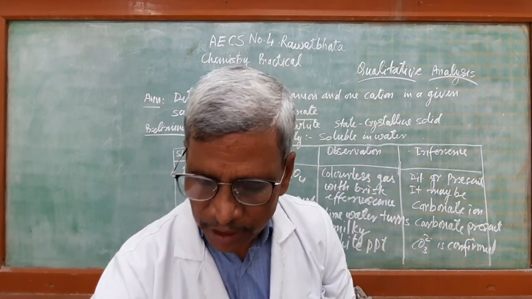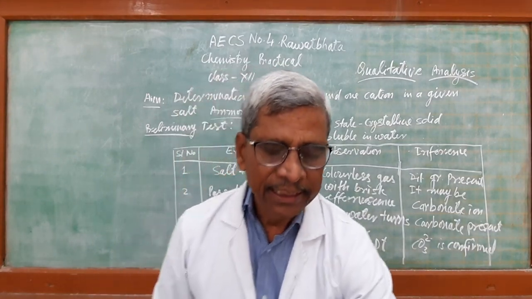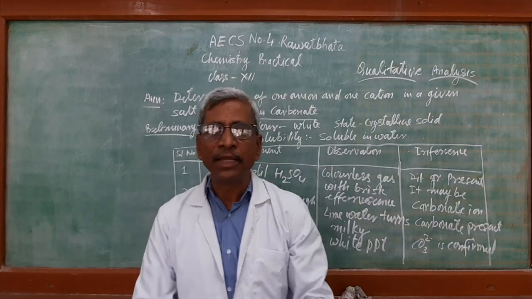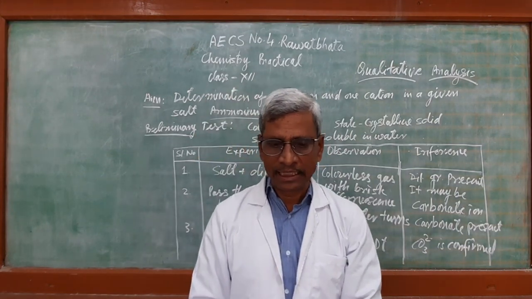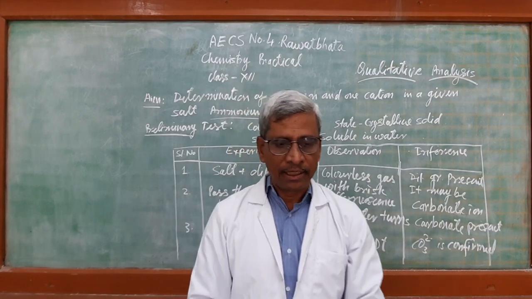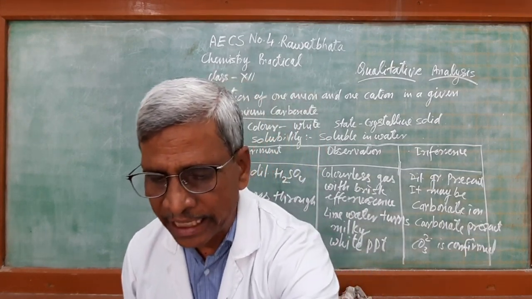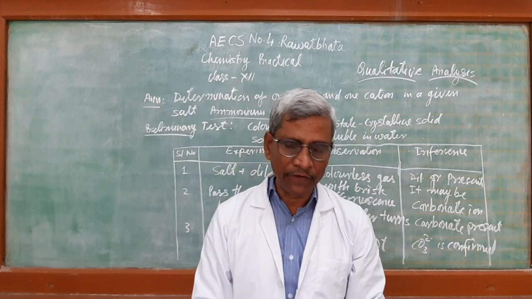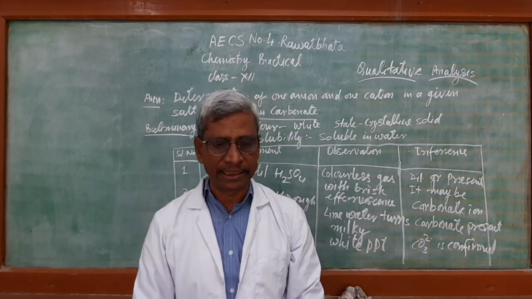Up to some extent we showed that zero group is present, it may be ammonium. Then its confirmation is done with the help of an experiment where we use Nessler's reagent.